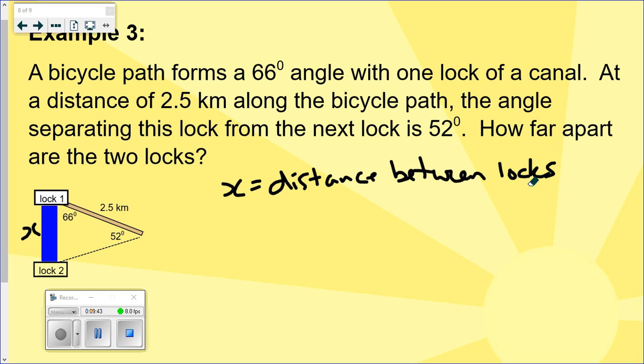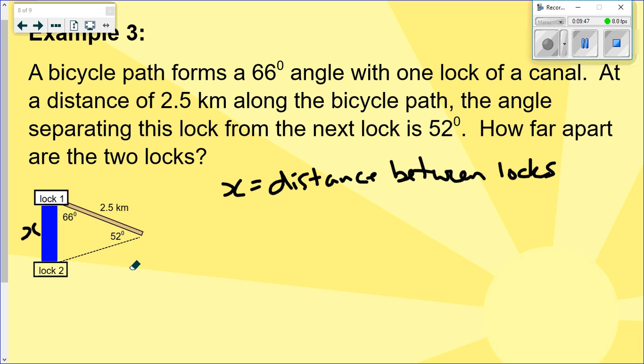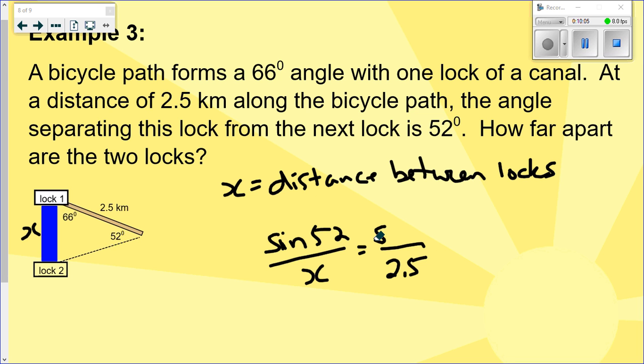Now, here's where I get a little frustrated with trig. We need to know what this angle here is, right? We have our matching, but we don't have anything to match it up with. So technically, I have to have another value in there.